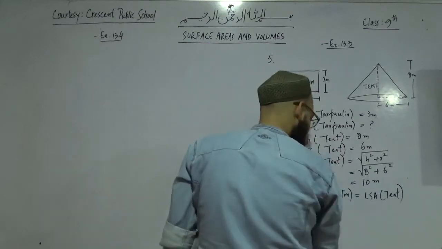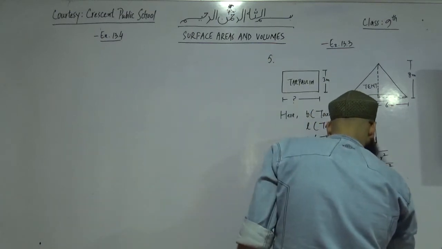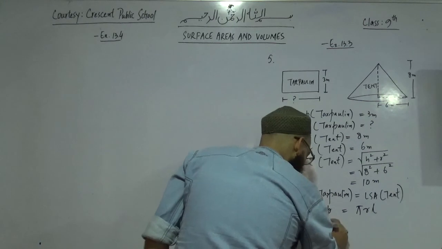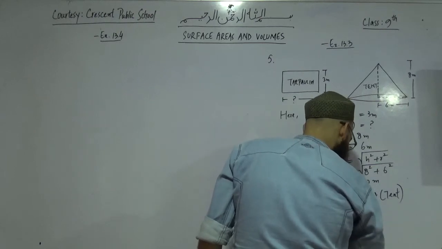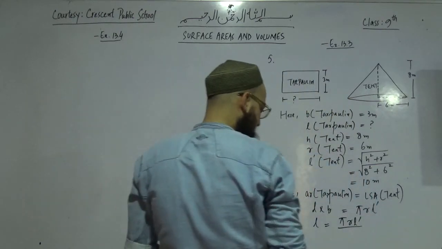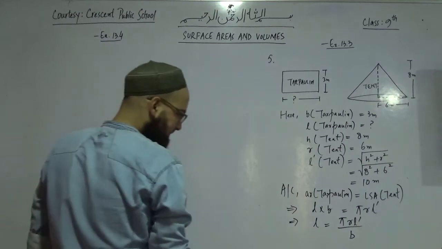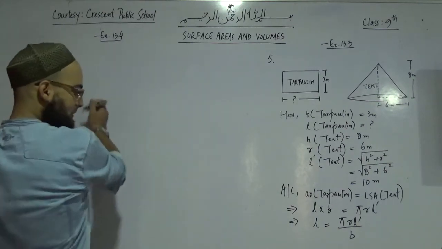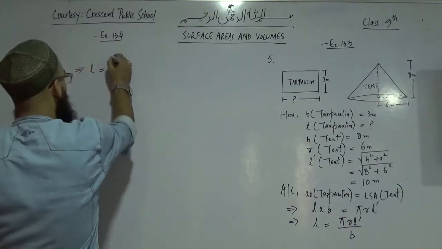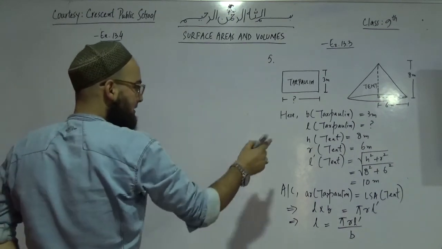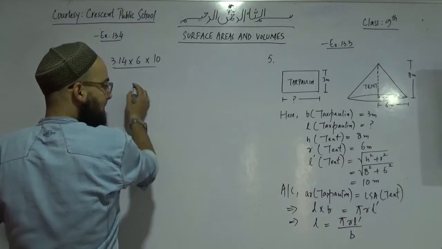Area of tarpaulin is length times breadth, and lateral surface area of tent is pi r L dash. So L is equal to pi r L dash divided by B, which is 3.14 times radius 6 times L dash 10 divided by breadth 3.